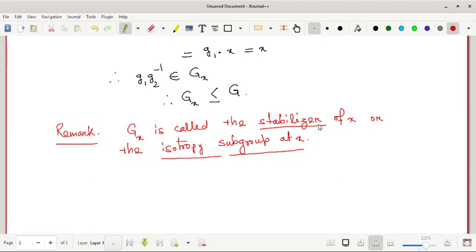Okay, let us see a property. The property is that the index of the stabilizer subgroup is the same as the cardinality of the set G dot X. Okay, what is that?